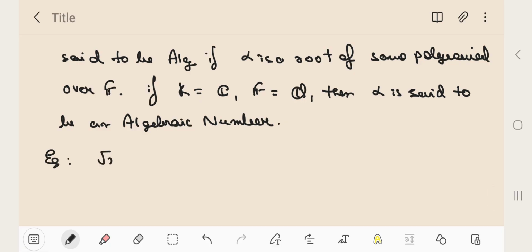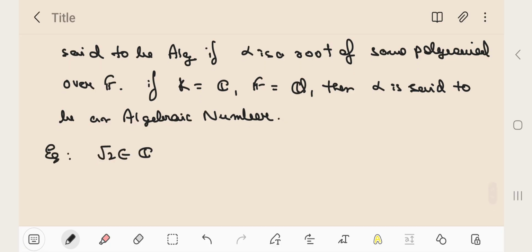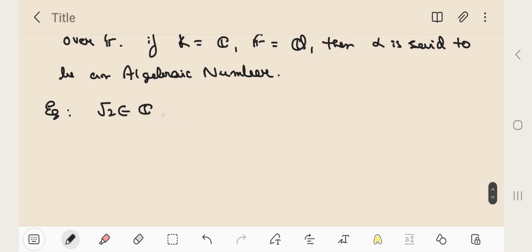For example, a simple example, root 2. If I take the element root 2 from C, consider the rational polynomial f(x), which I can write as x squared minus 2.